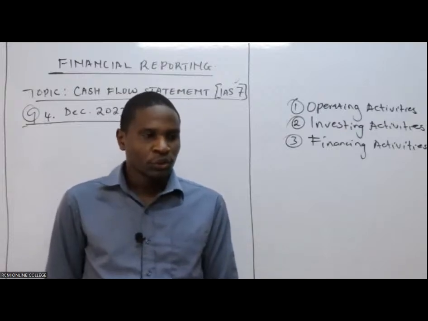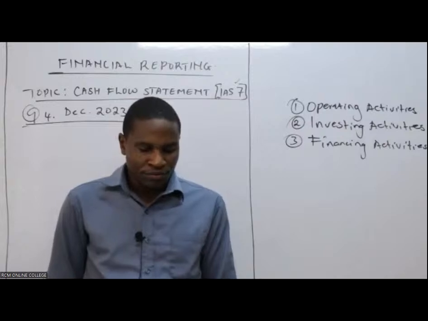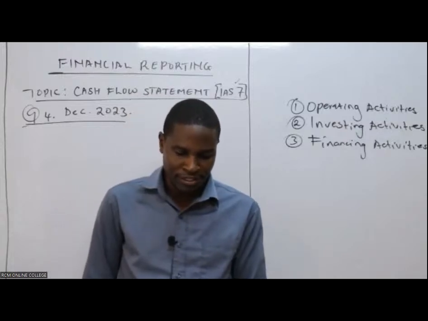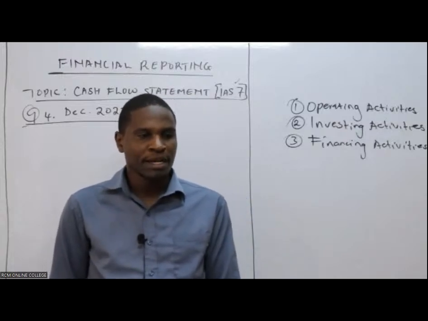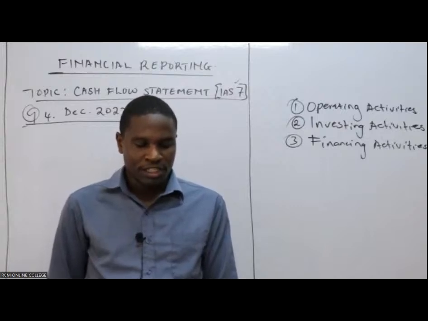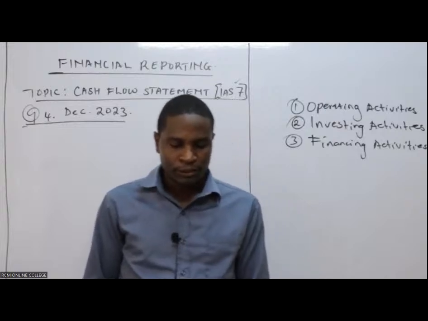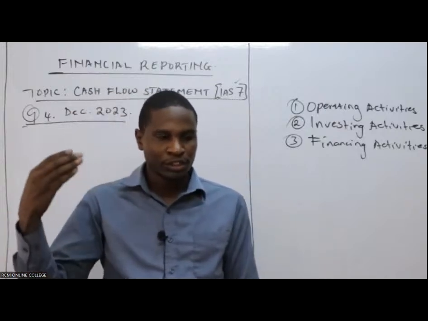Now, the question reads: the following financial information was extracted from the accounting record of Bundo Limited, a public limited company. We are given statement of financial position as at 1st October 2023 and 2022.